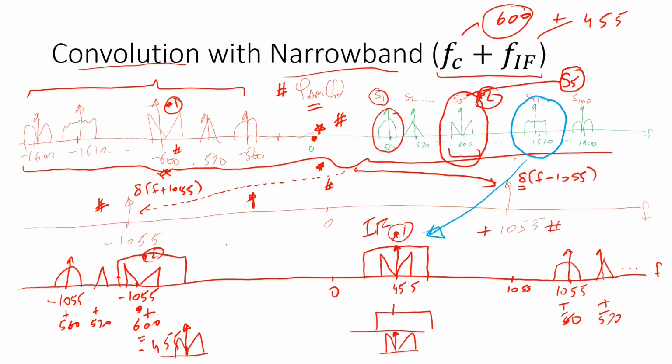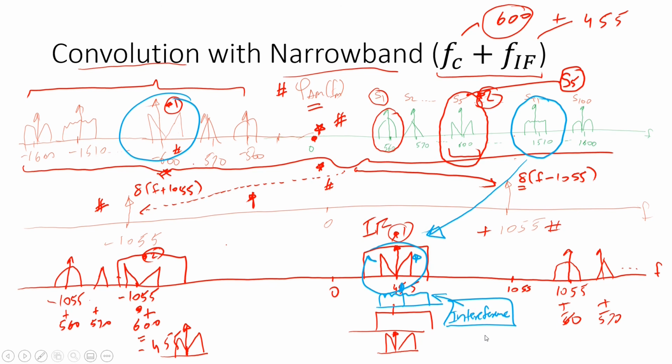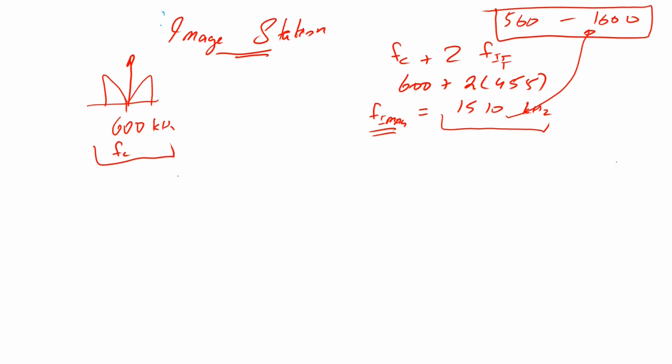So instead of just receiving this signal which was actually coming from here, right, now we also have this image station, and that image station is like this, and this image station would create interference, and this is undesirable.